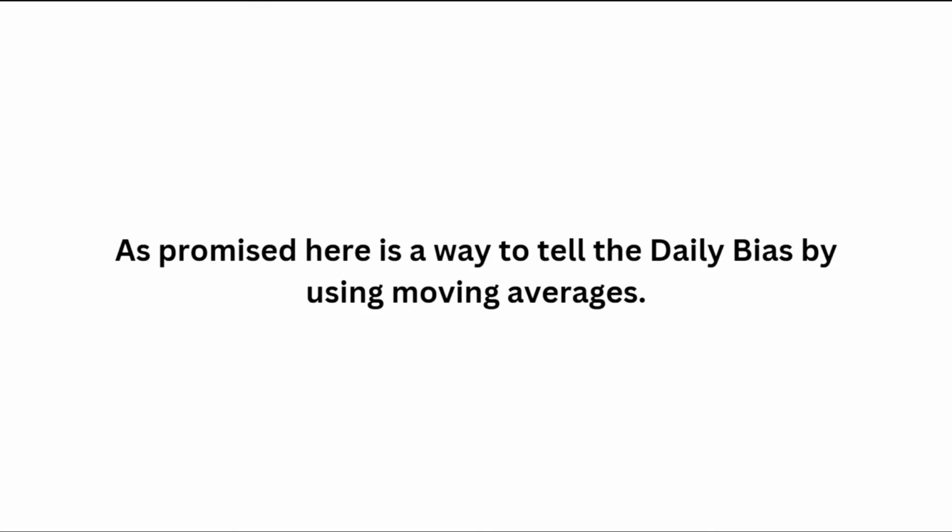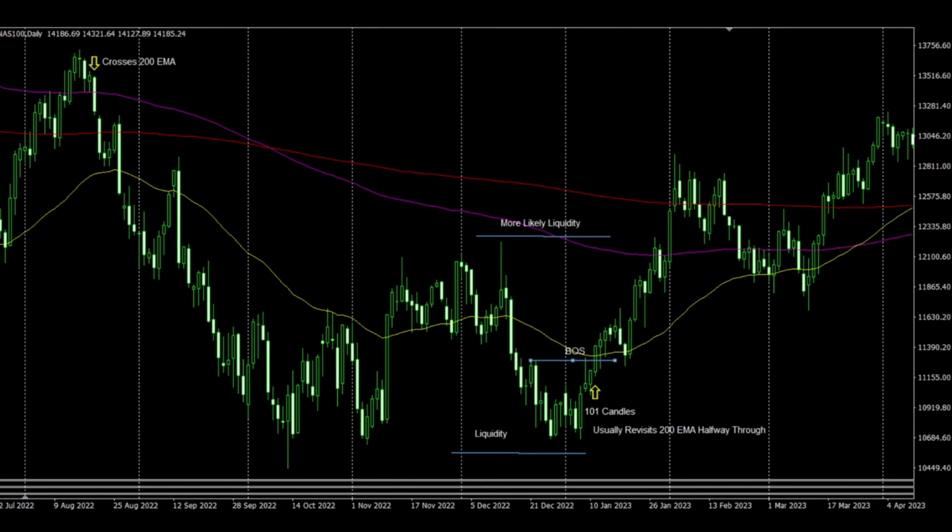As promised, here is a way to tell the daily bias by using moving averages. As we see price cross this 200 EMA on a daily chart and then continues all the way over into January, we see that there are two areas of liquidity.